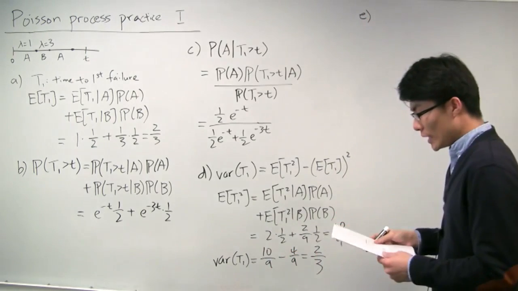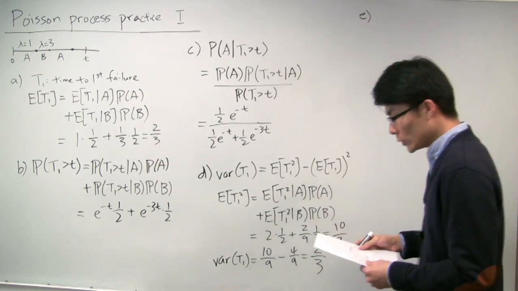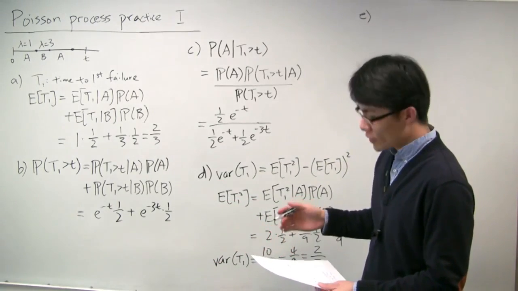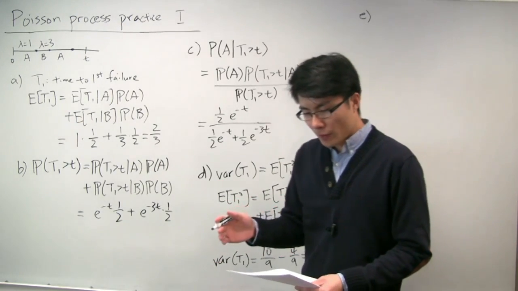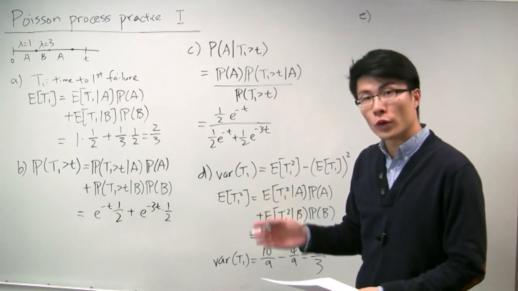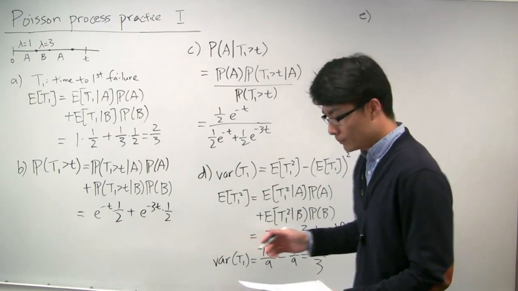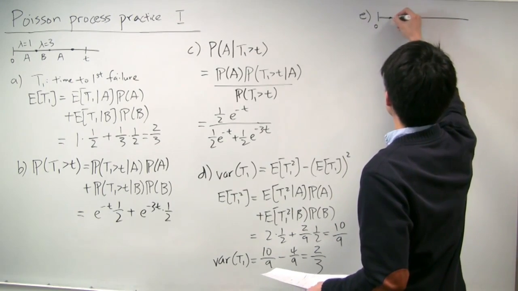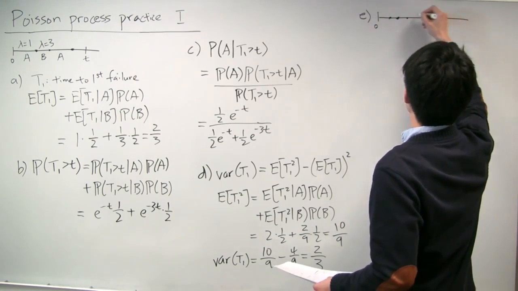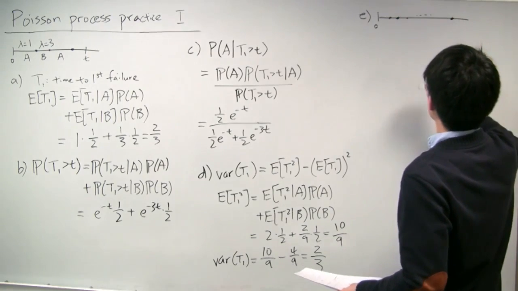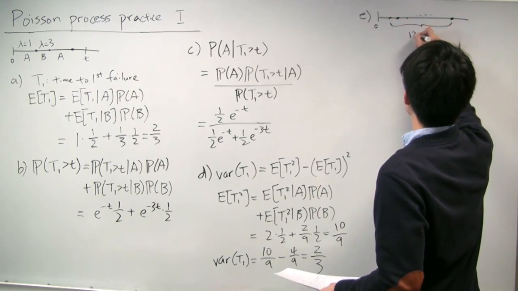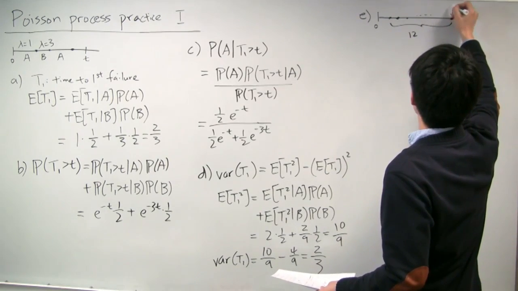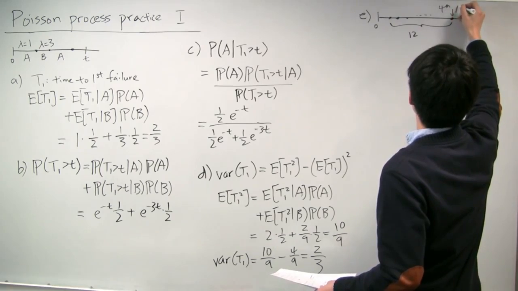Okay. For part E, we're told that we have 12 failures, and we want to know the probability that the 12th failure is the 4th failure of a type A bulb. So let's draw out a timeline here, starting at time 0. So here are some failures. Suppose that there are exactly 12 total failures here of either type, and we want this to be the 4th type A failure.